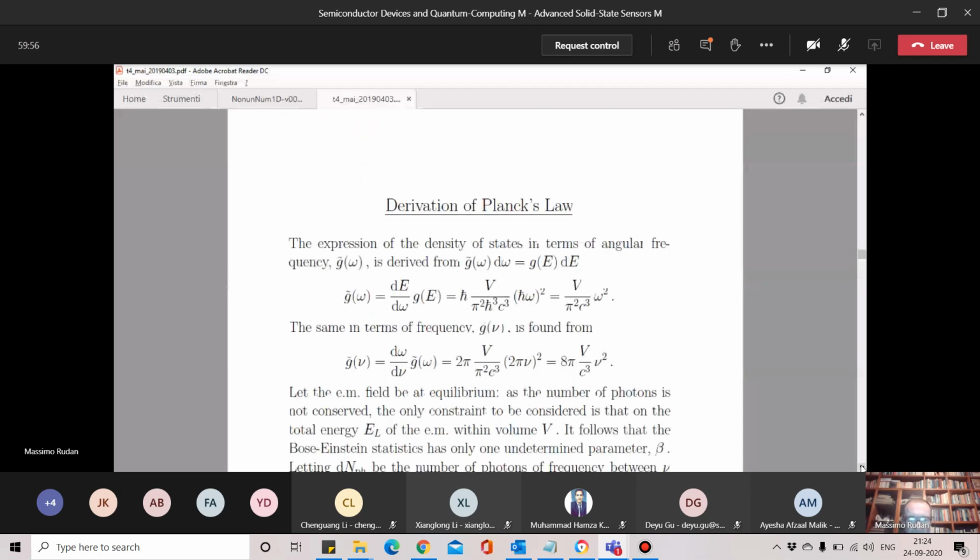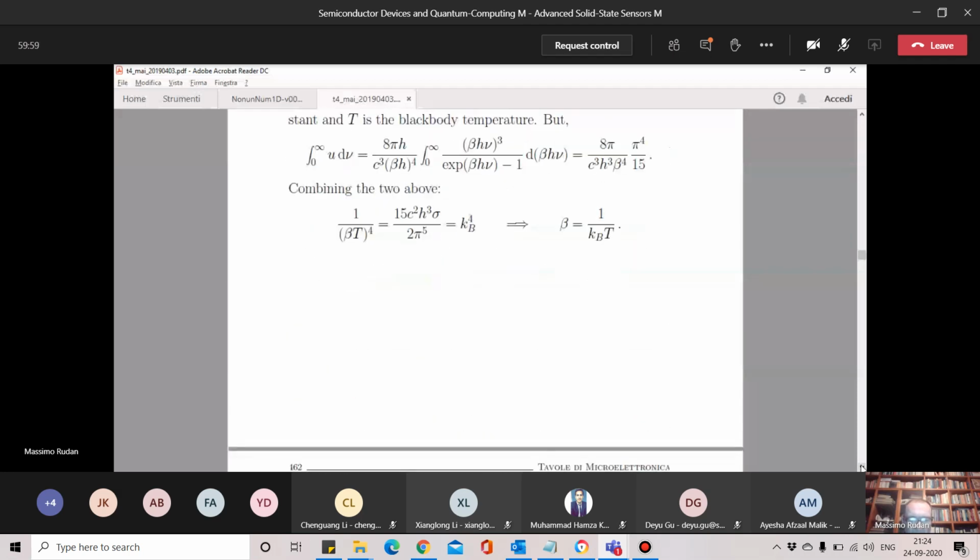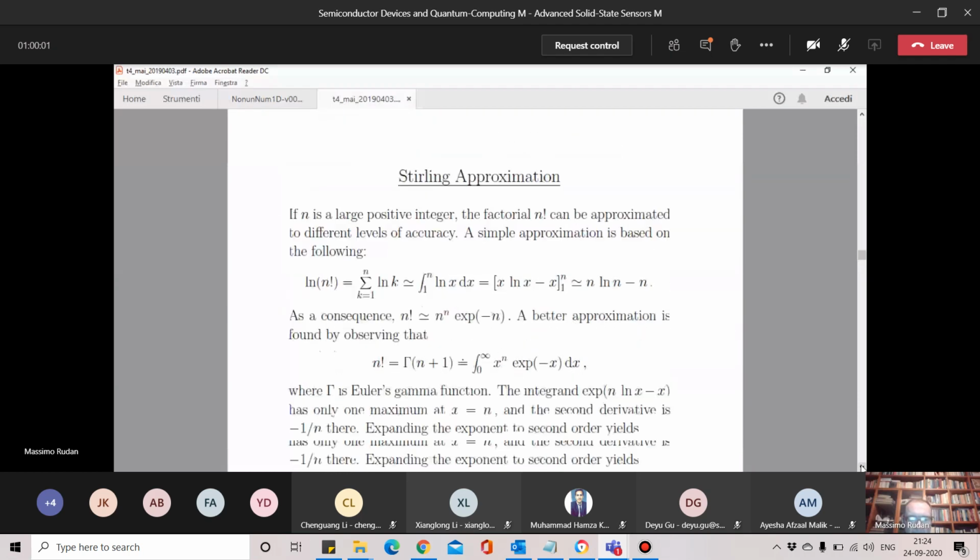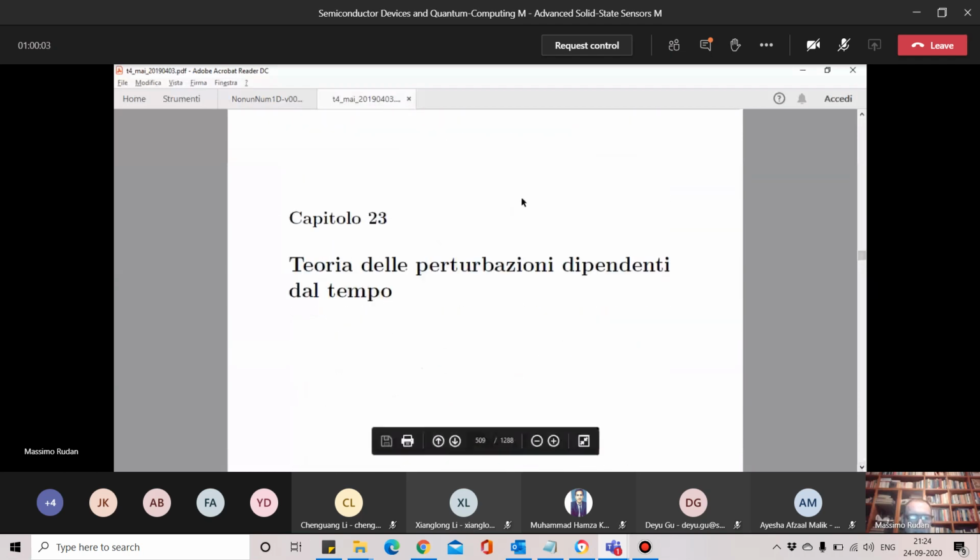Now we take the band structure again of the semiconductors.